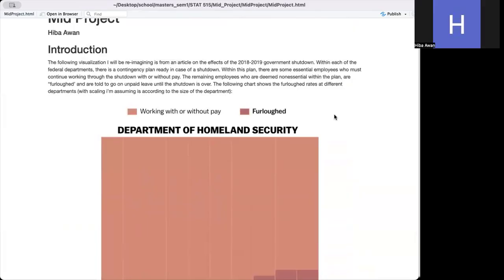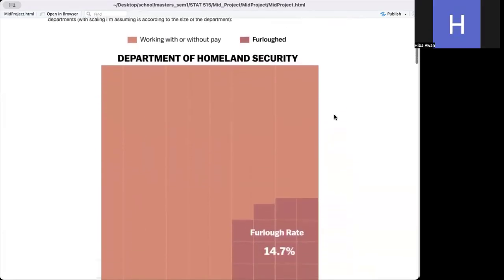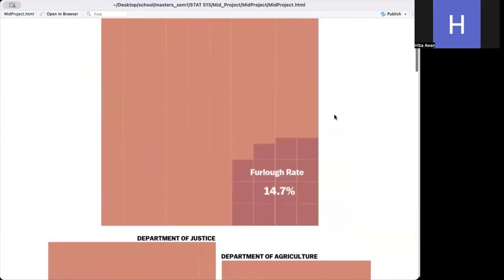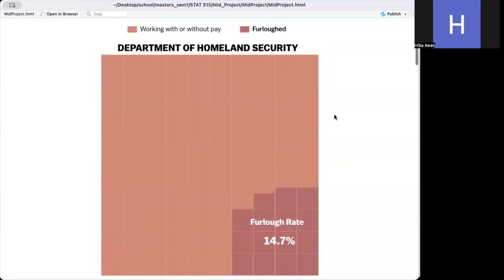Basically, within each of the departments in the federal government, they have a plan ready in case there is a shutdown. And within the plans for each of these departments, some of the employees are considered, quote unquote, essential or unessential. If they're considered essential, they are expected to continue working with or without pay.